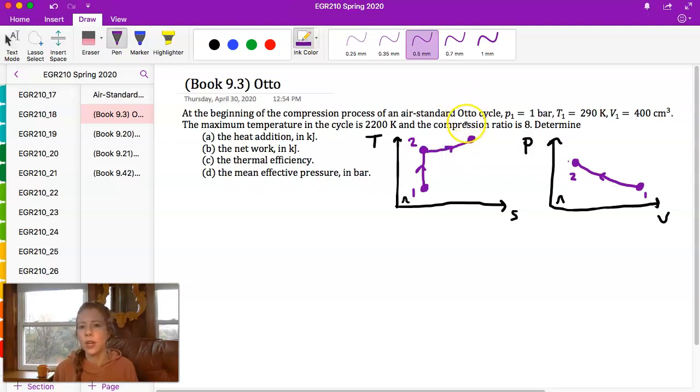So this is 3. And then 2 to 3 here, we're going to have constant volume, and we get another increase in pressure as we are increasing temperature. Heat in.